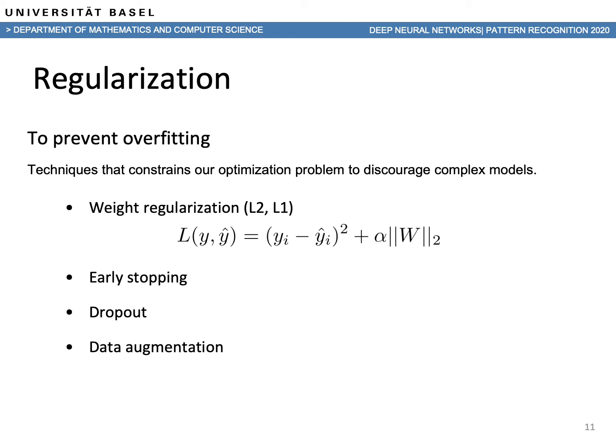It could, for instance, be weight regularization, which is not often used in deep neural networks, but you might have seen it in other algorithms where we are penalizing large weights. So in this case, we just want the weights close to 0 and penalize if a weight gets too large. Then we'll be looking at early stopping, dropout, and also data augmentation.